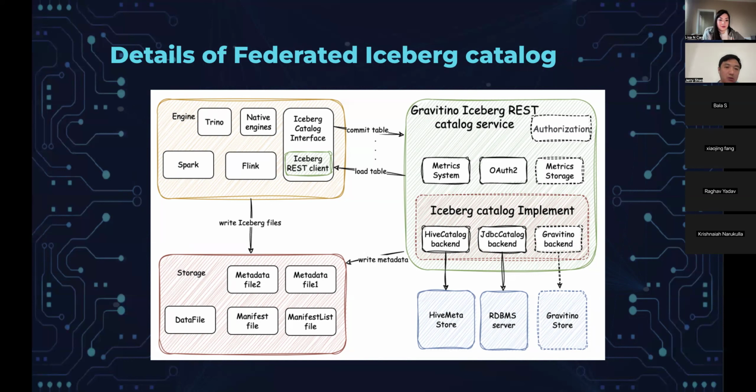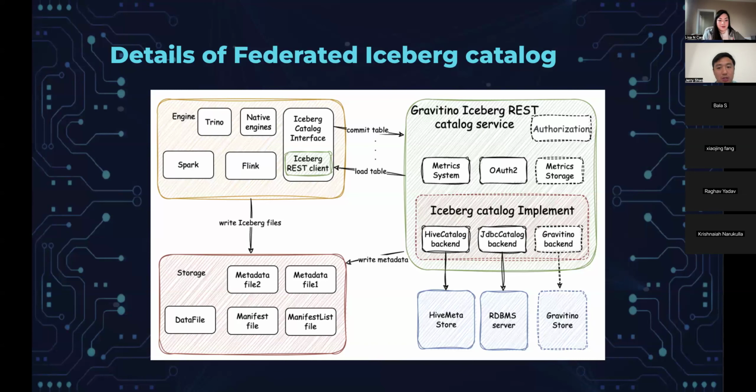Our Gravitino Iceberg REST catalog service is a catalog implementation which supports different catalog backends. For example, we can support Hive Metastore backends, and we can support JDBC backends. We can even build our own backends.